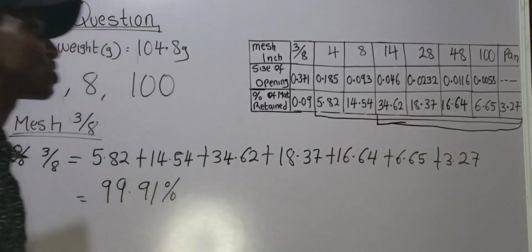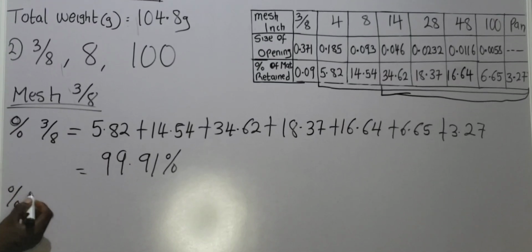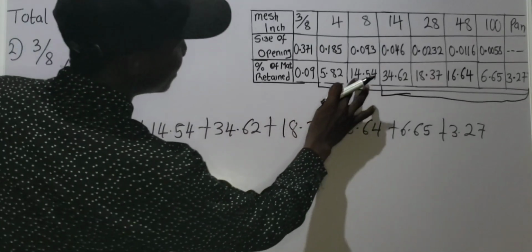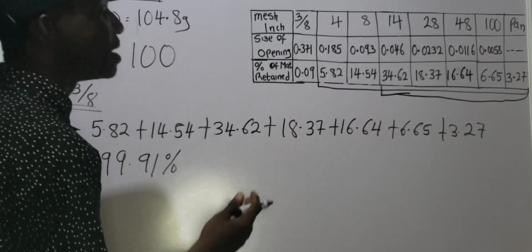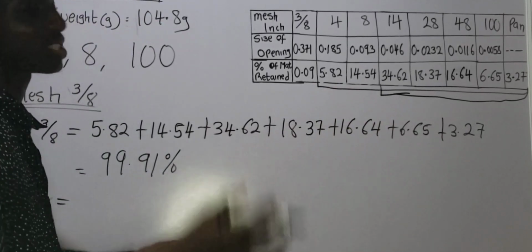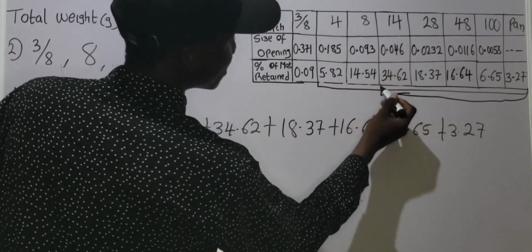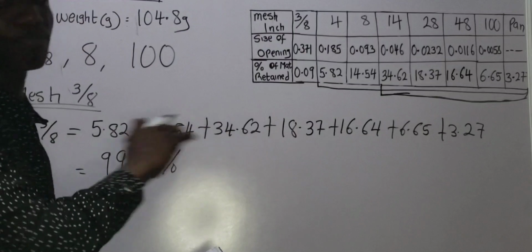Don't forget that this is the percentage of material that mesh 8 is able to retain. So all this, from this place to the pan, all these materials pass through mesh 8.